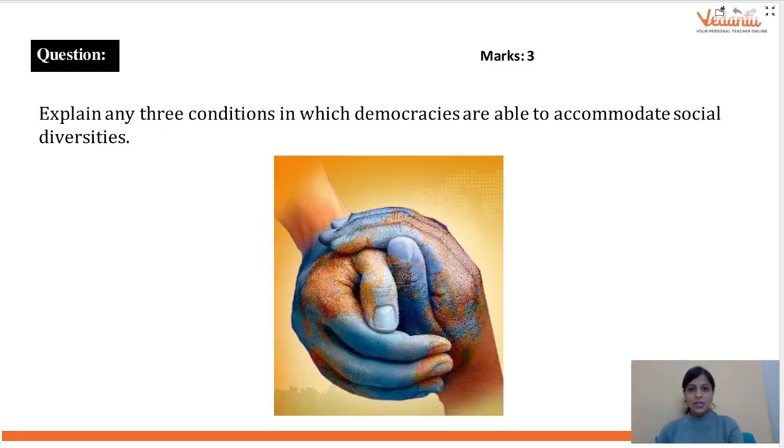Three conditions in which democracies are able to accommodate social differences. Okay, we anyway covered it in the last answer. That is why I discussed it at length, in a very detailed manner.